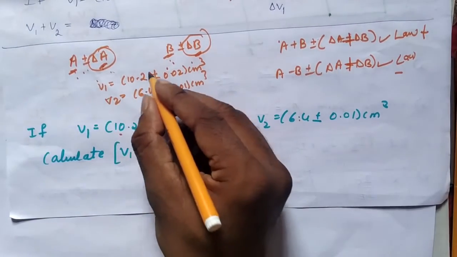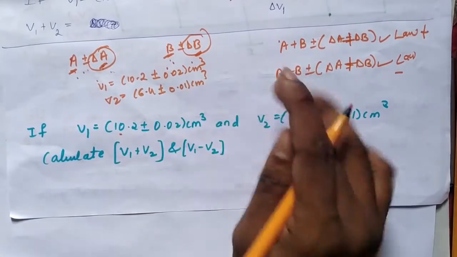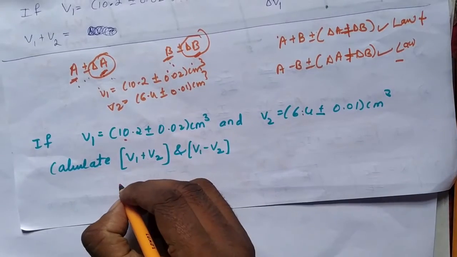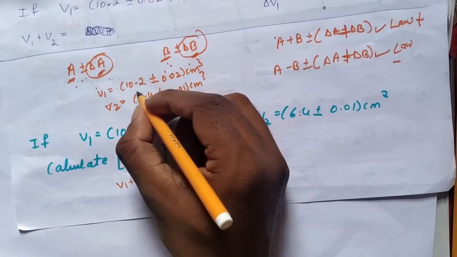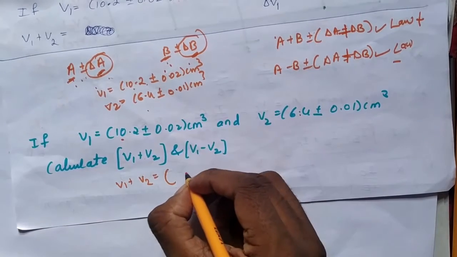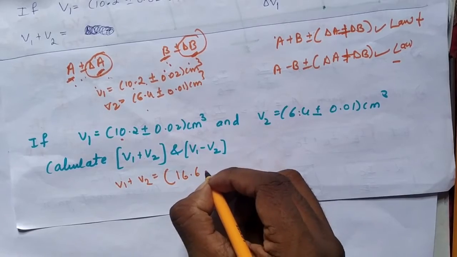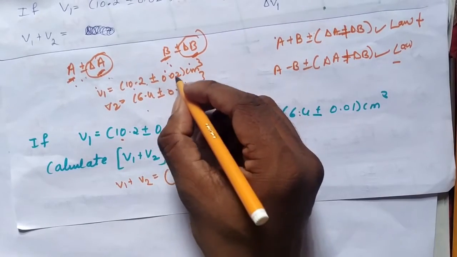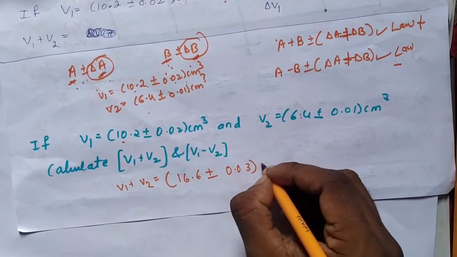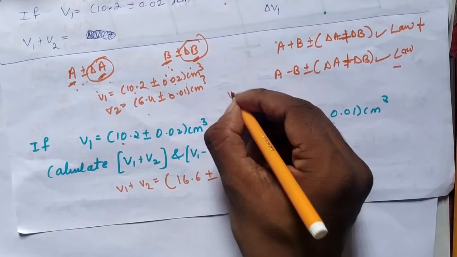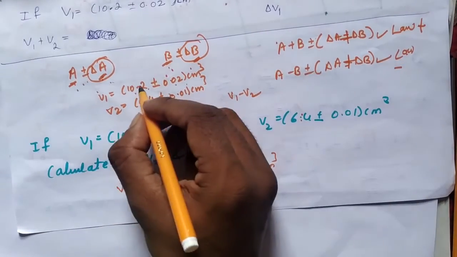If I'm adding both, I have to add the main values and add the errors separately. Adding the main values, 10.2 and 6.4 gives 16.6, plus or minus the errors added, 0.02 plus 0.01 is 0.03 cm3. That is the answer.